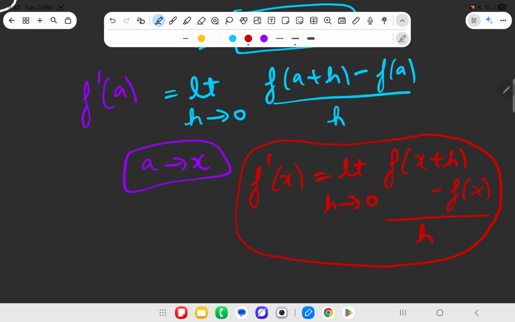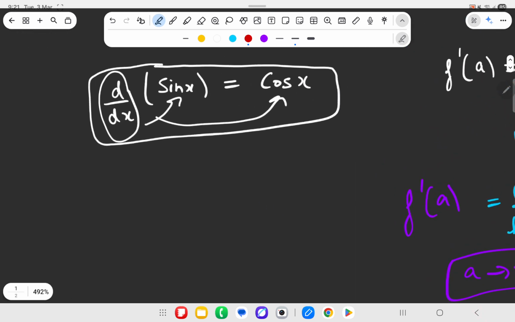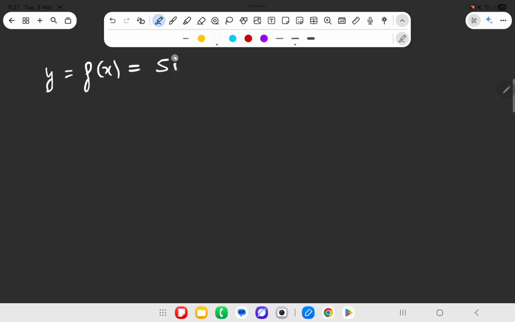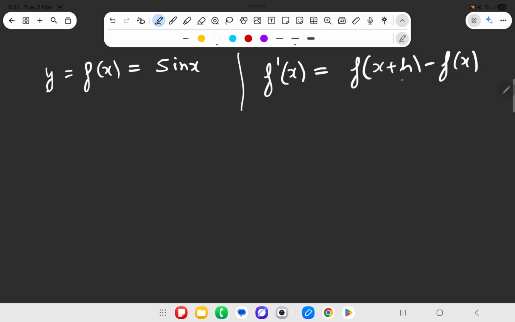Now with the help of this formula I calculate that the derivative of sin x is equal to cos x. So let's start. Given that y is equal to f of x is equal to sin x, and the formula is f dash x equals f of x plus h minus f of x, divided by h, with the limit as h approaches 0.